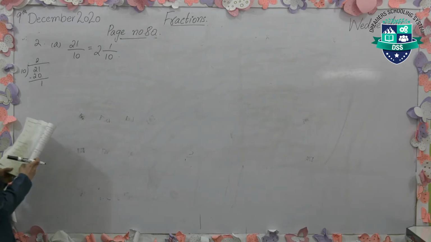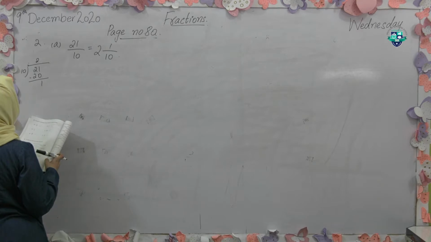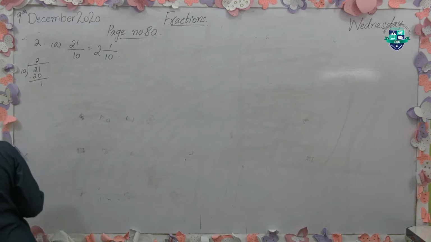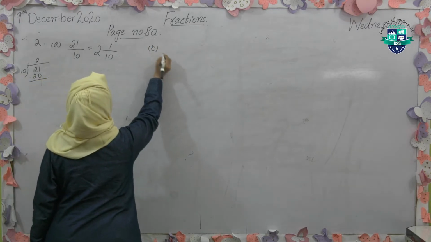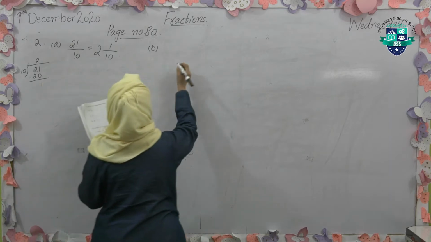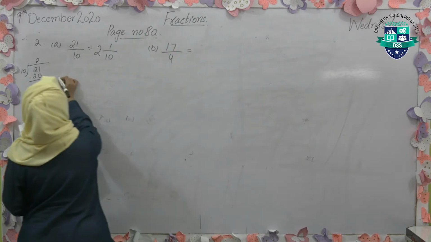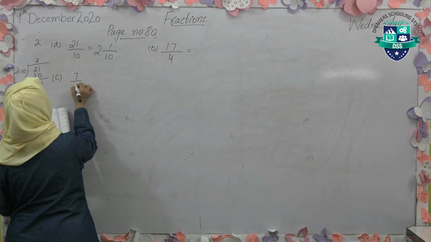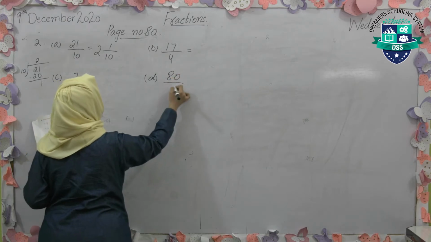I will just do it with you. B part is 17 by 4. C part is 7 by 3, 80 by 9.